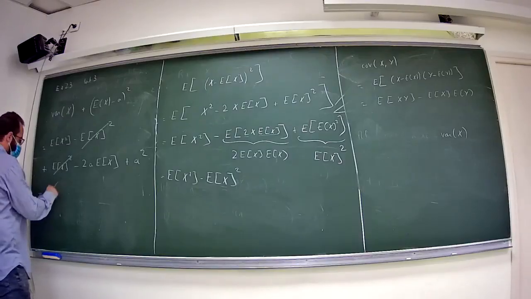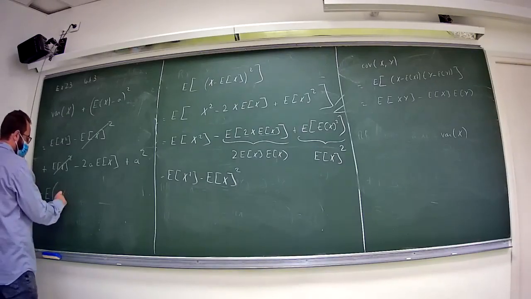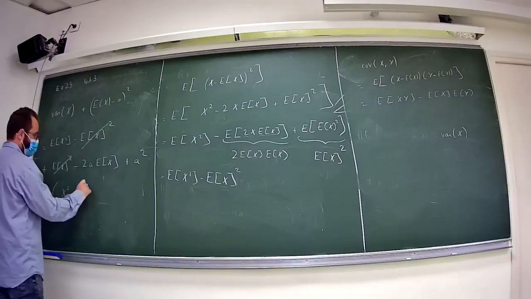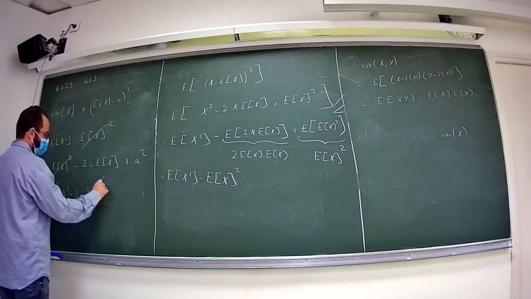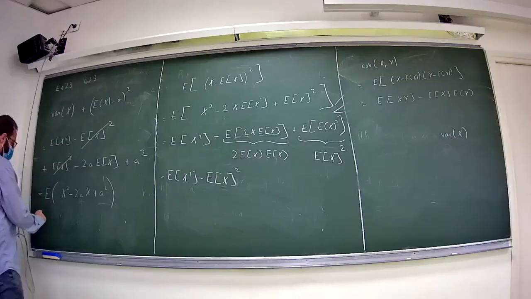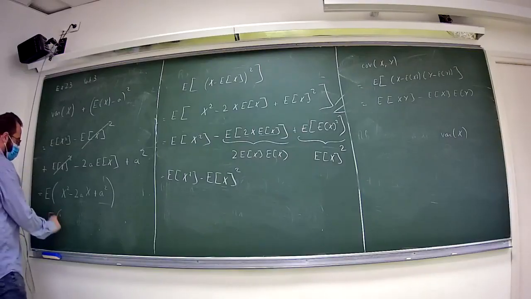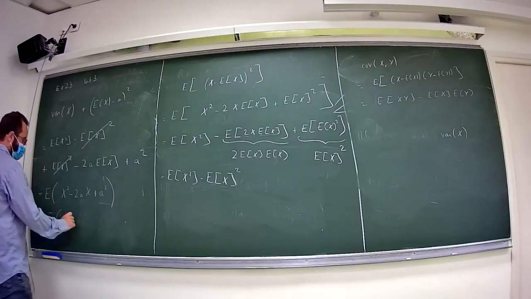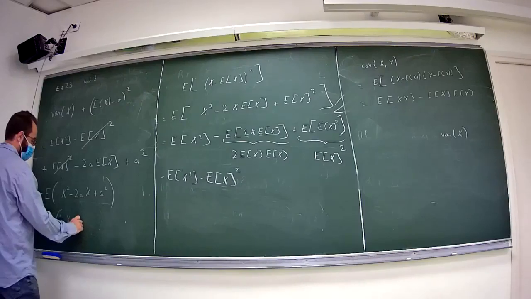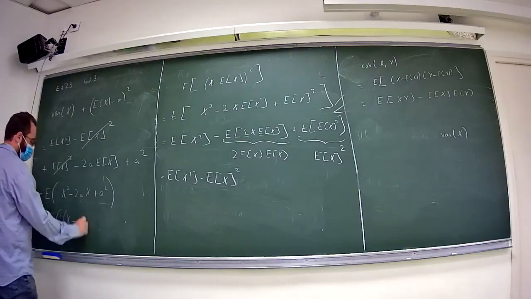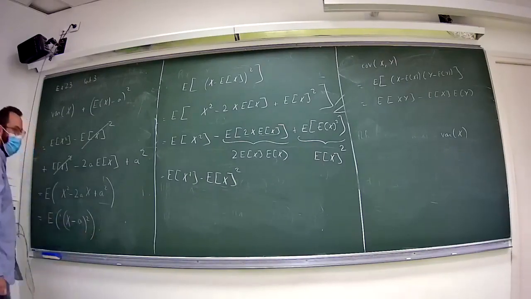Write it this way, it's the expectation of X squared minus 2aX plus a squared, that is equal to the expectation of X minus a, squared.